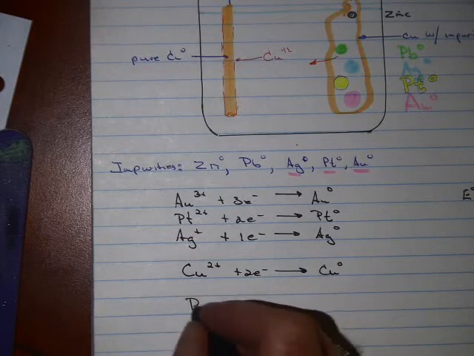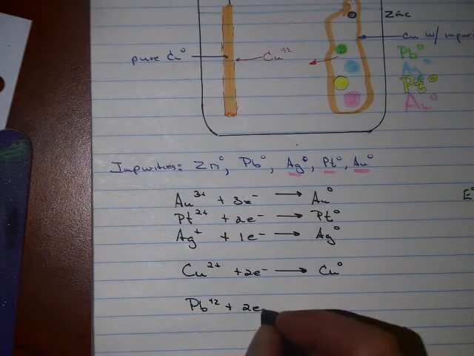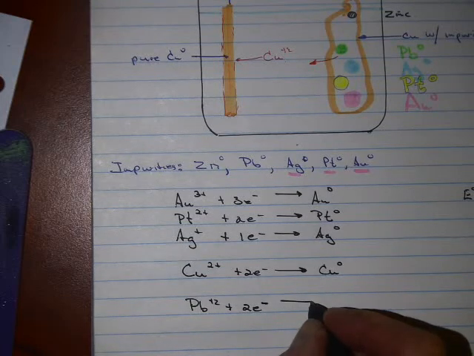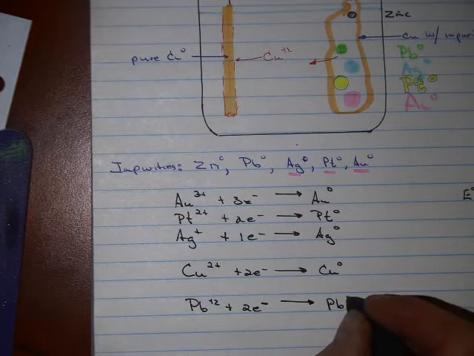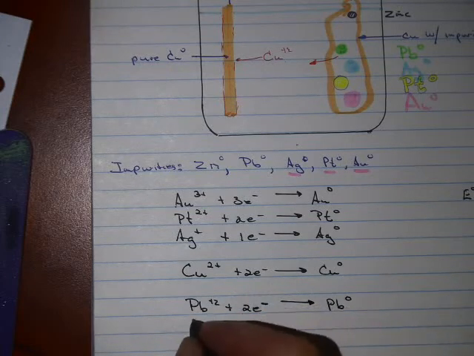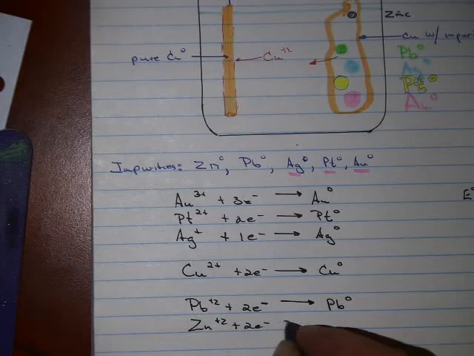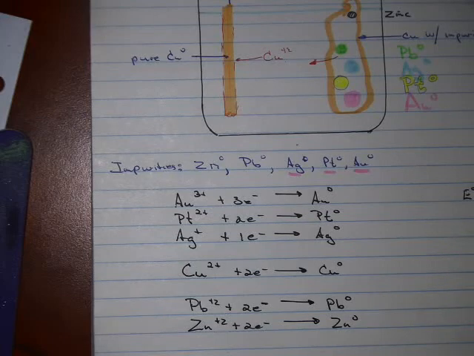Lead, down here, lead 2 plus plus 2 electrons goes to lead, negative 0.13. And the last one in the series is zinc, zinc 2 plus plus 2 electrons goes to zinc, and this is negative 0.76.